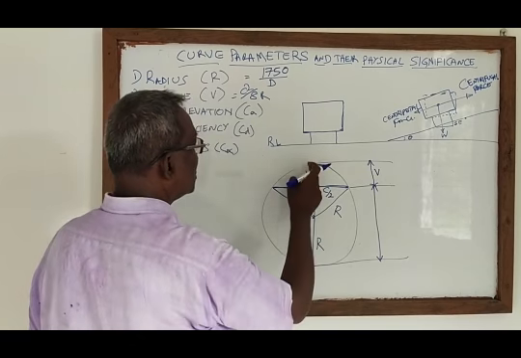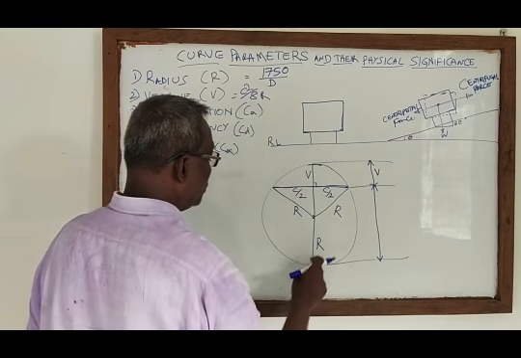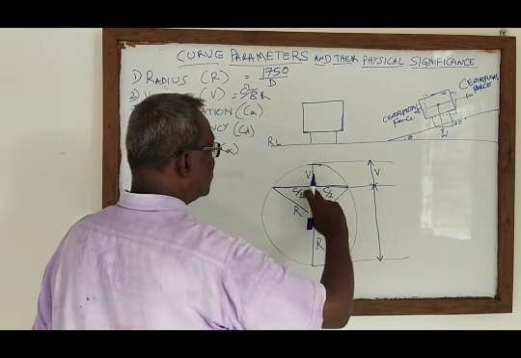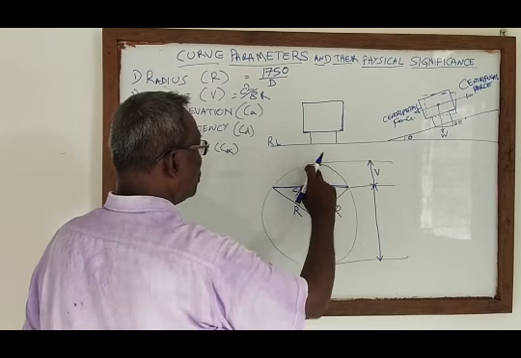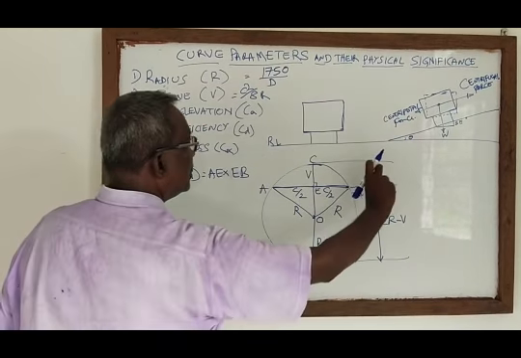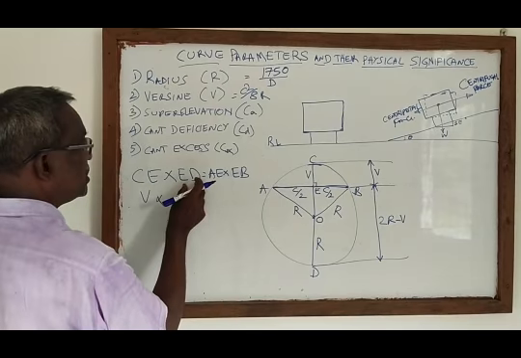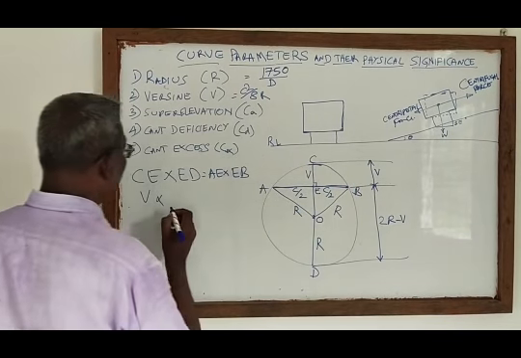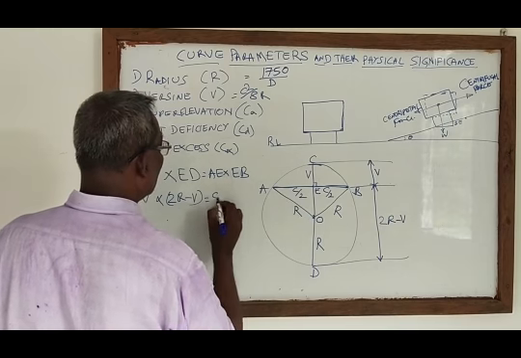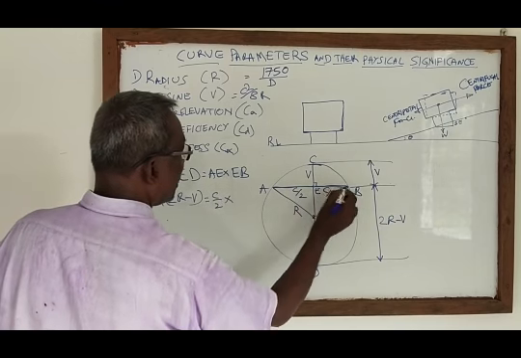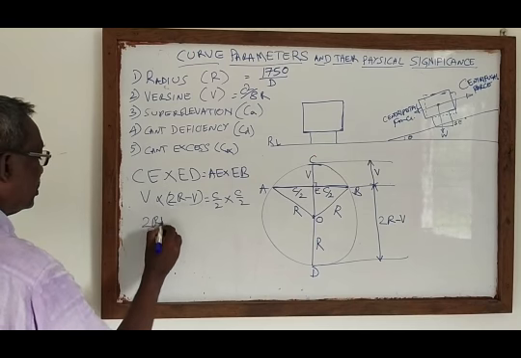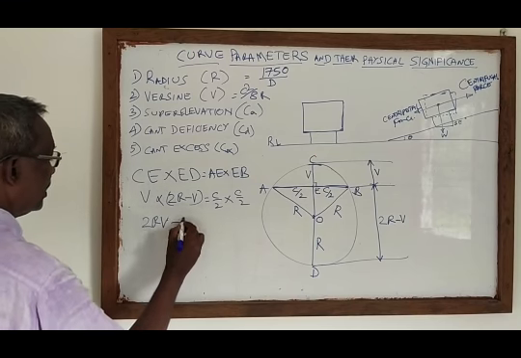This is R, this is also R. That means from here to here it is 2R, and this part is 2R minus V. VD is 2R minus V, and VE is C by 2, EB is C by 2. So V into 2R minus V: 2RV minus V into V.